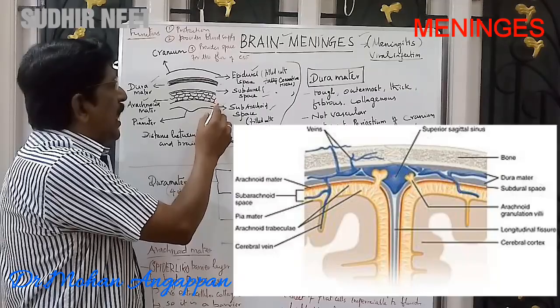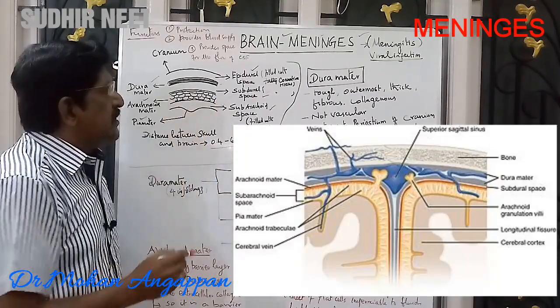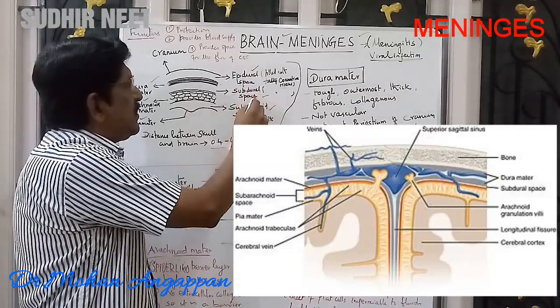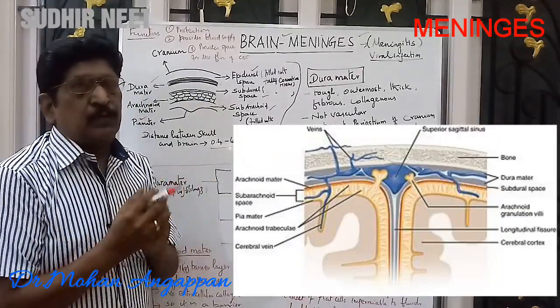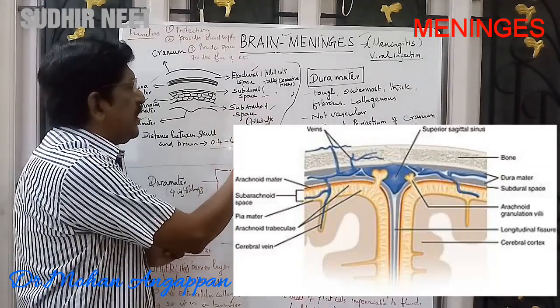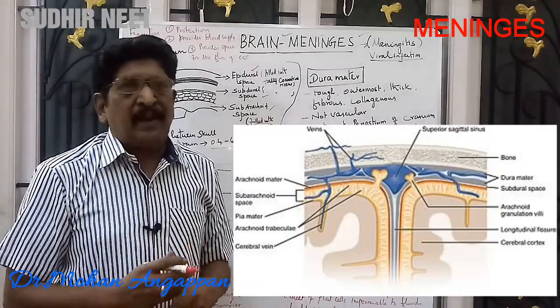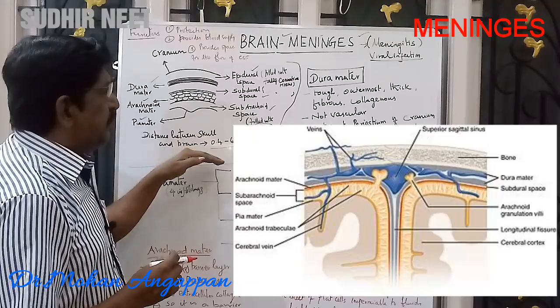In between arachnoid membrane and the pia mater, it is subarachnoid space. This epidural space and subdural space are filled with fatty connective tissue, whereas this subarachnoid space is filled with the CSF, cerebrospinal fluid. So you can see the clear diagram here.